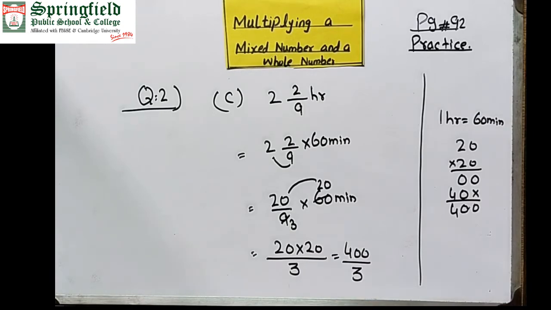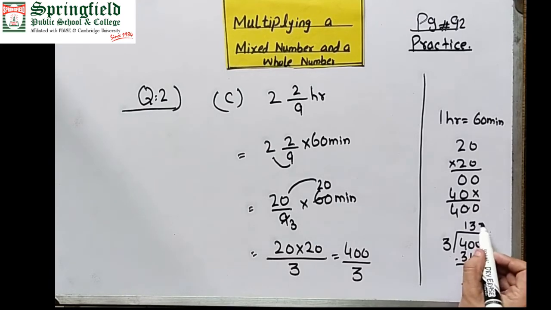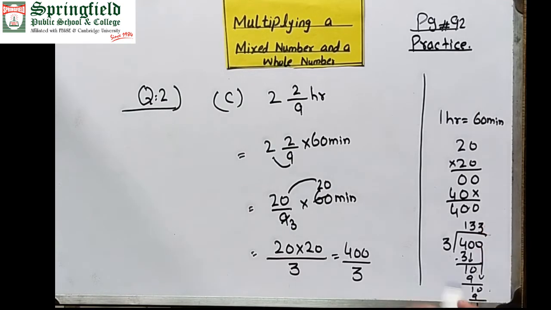Fine. And now divide it. 400 divided by 3. 3 ones are 3. 1, 0. 3 threes are 9. 1, 0. 3 threes are 9. And 1. Put the 1 and write as a mixed number.